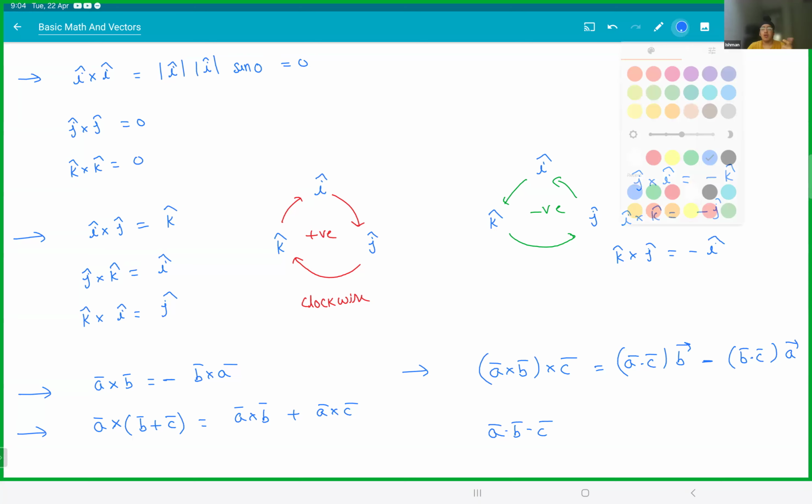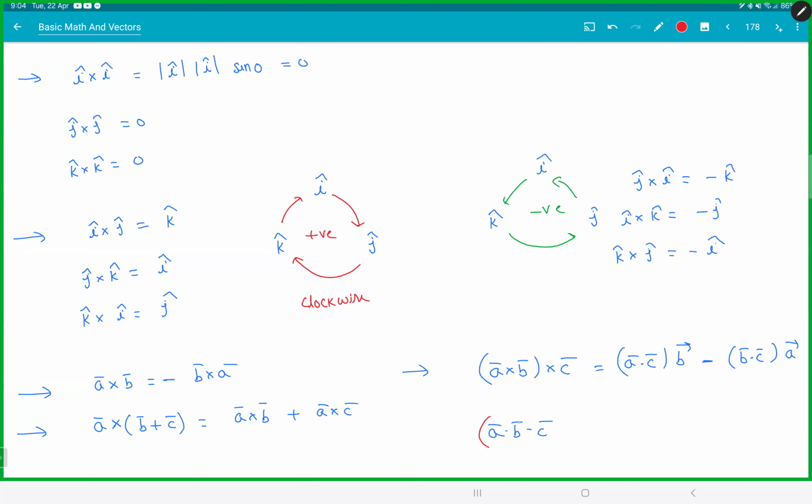Yes, what he said is right. The moment you do A dot B, this becomes a number. You can't do dot product between a number and a vector. So it is not possible. You can't have A dot B dot C. So A dot B dot C doesn't make sense.